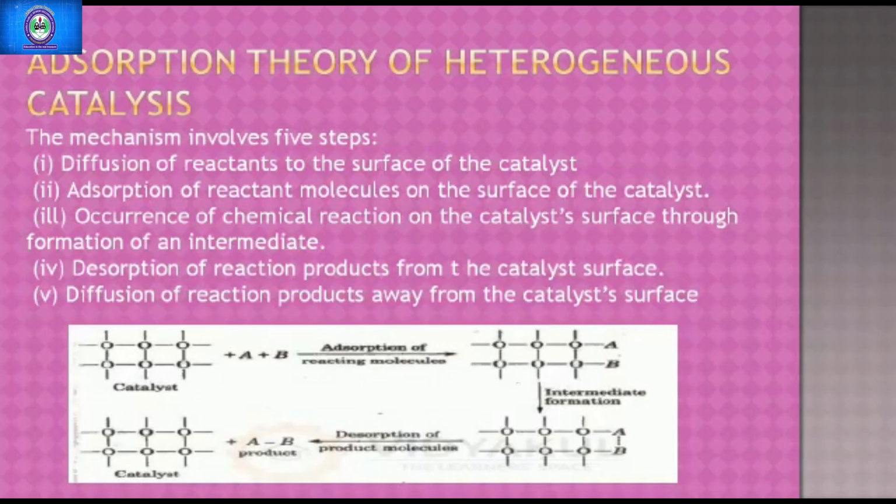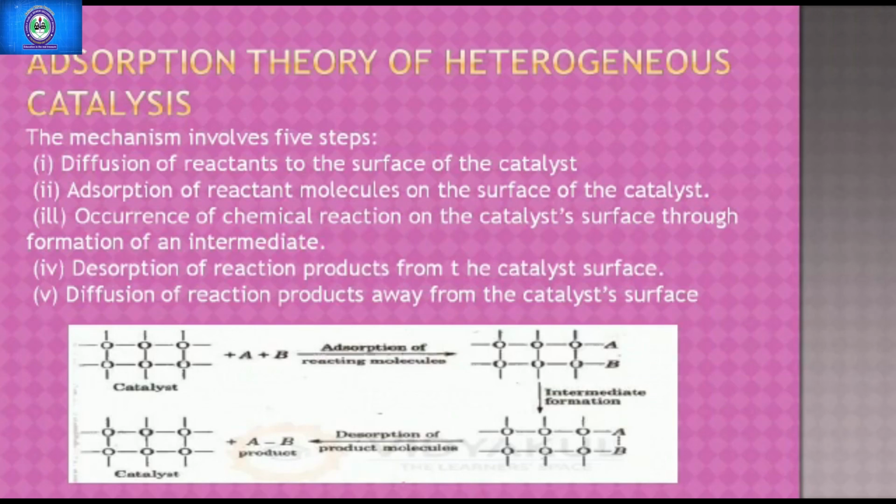Next is the occurrence of a chemical reaction on the catalyst surface through the formation of an intermediate. Then is desorption of the product from the catalyst surface. And the last is the diffusion of the reaction products away from the catalyst surface.